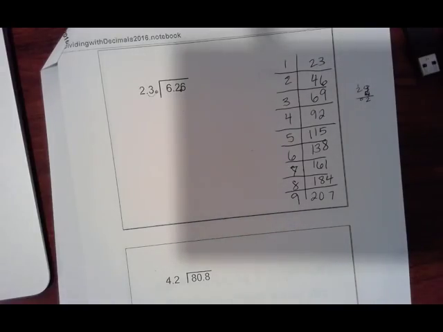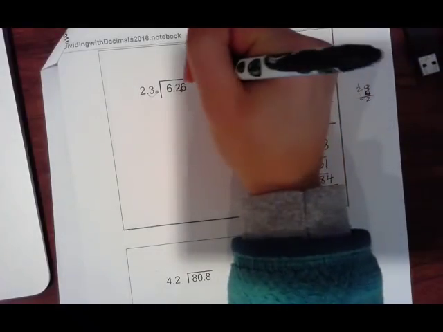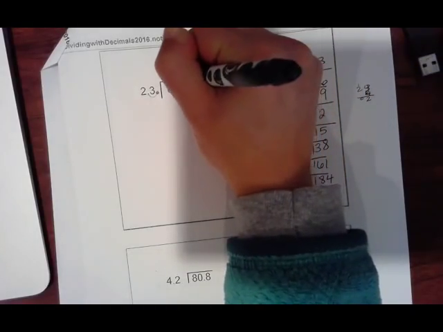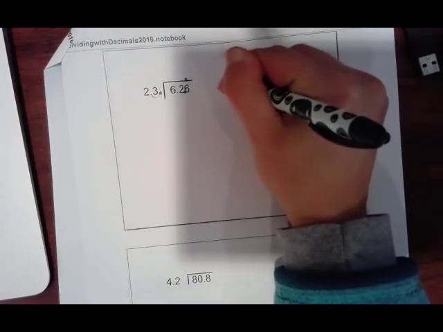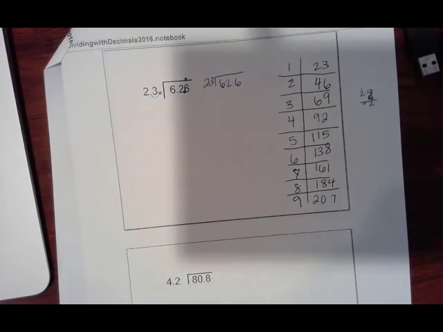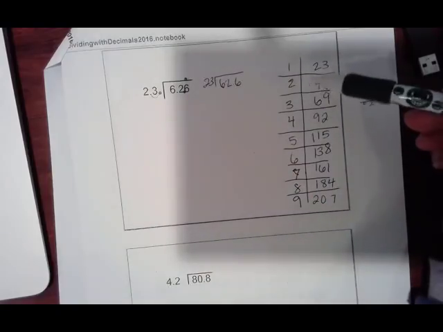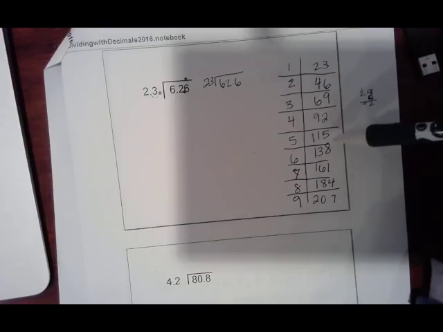So now I have my table, so I'm going to go back over to my problem and start my division. If there's a decimal in the house, raise it to the roof. If it helps you to rewrite this as 62 and 6/10 divided by 23, you can rewrite it too. I'm just going to stick with this one though. So now I'm going to look over at my table. I need to get 23 into 62, but I cannot go over it.